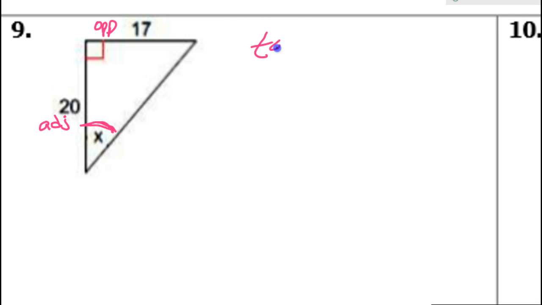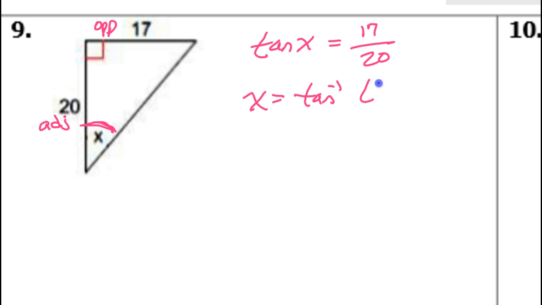So we will say tangent of x is equal to 17 over 20, opposite over adjacent. If we want to find x, we will have to do the inverse tangent of 17 over 20.